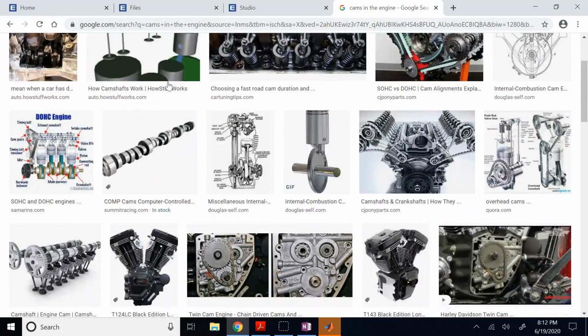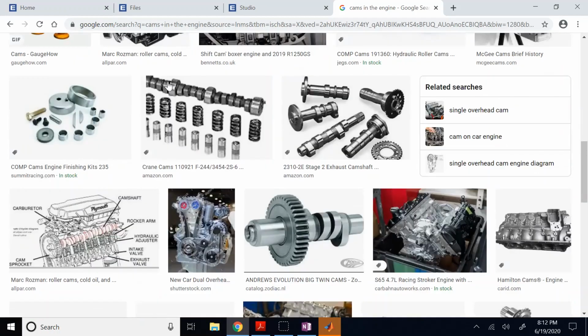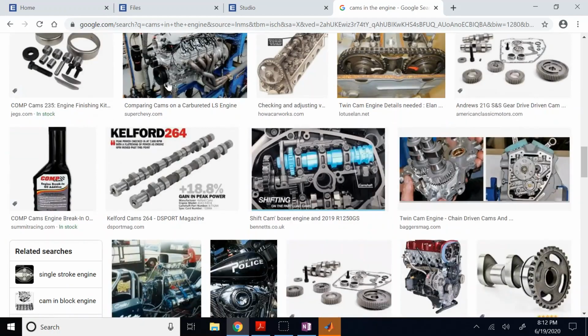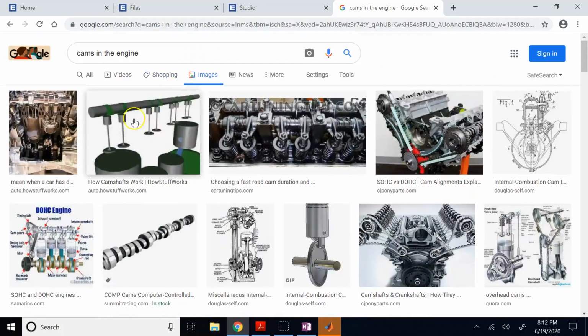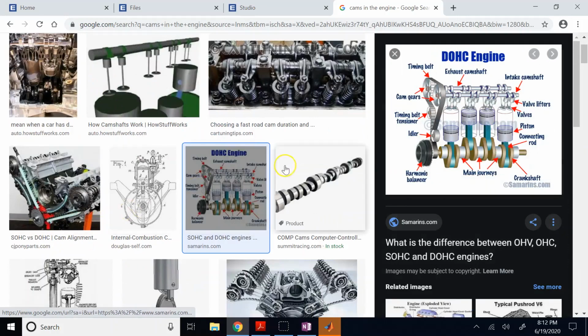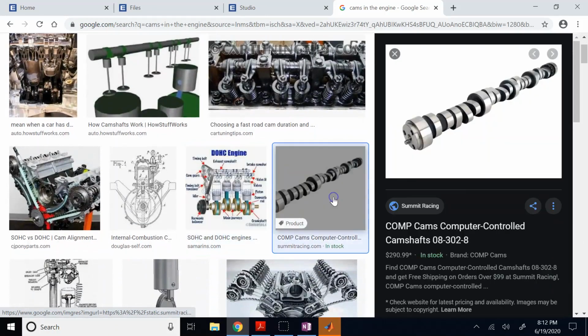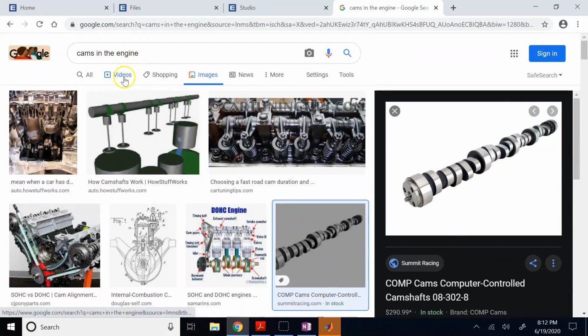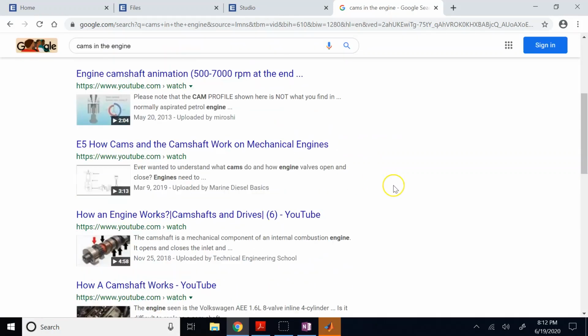Let me get a good picture. This might be a good picture, but no, too small. This is like a camshaft of the car, but I want to see if I can show you an animation of it.